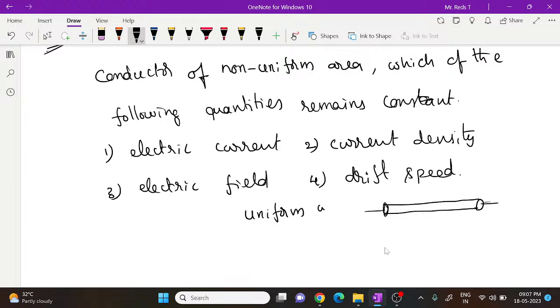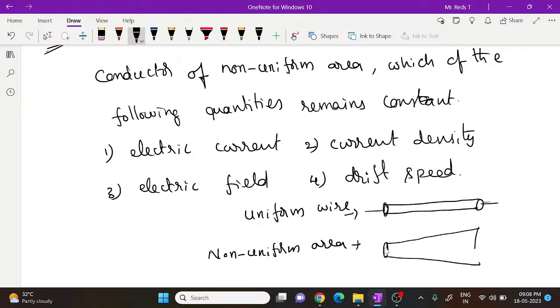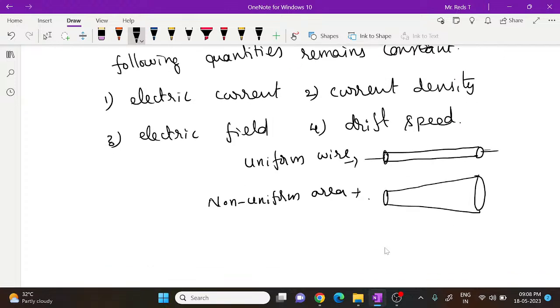Non-uniform wire means a wire of non-uniform area, so the area should not be constant. You can represent it in this fashion, or initially having a larger area and then the area decreasing like this. This will be a conductor having non-uniform area.